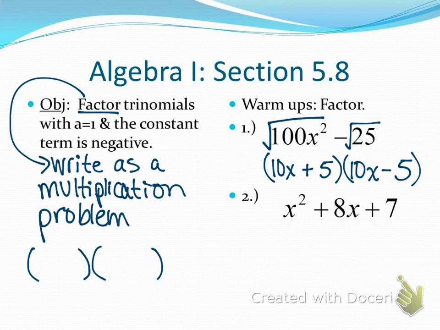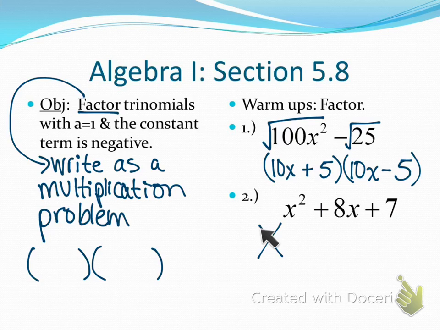Number 2 is how we were factoring on Wednesday and Thursday. So before I set up my parentheses, what did I usually set up to figure out what goes in my parentheses? How did I show my work? So we usually just set up our magic X. Nothing terribly magical about it.